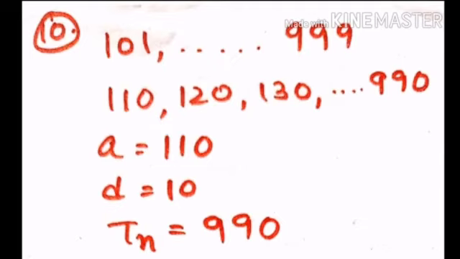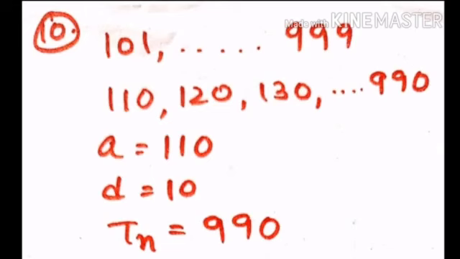So the numbers between 101 and 999 which are divisible by 10, I have written as an AP: 110, 120, 130 and so on. So 990 is our last term. The first term of the AP is 110, the difference is 10, and the Tn, that is the last term of this AP, is 990.